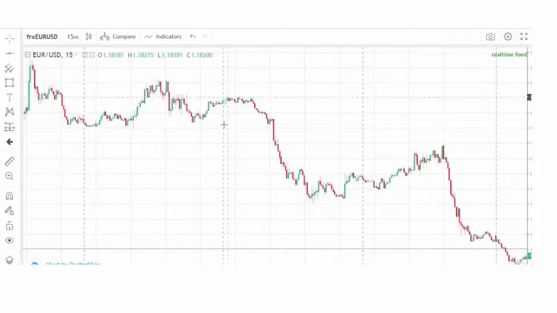So you see these blue dotted vertical lines here. These lines basically represent the whole day session, and it is divided mainly into three sessions: the Asian, the London, and the New York. So from one vertical blue line to the next one, it's from the closing of New York the previous day to the closing of New York the current day.